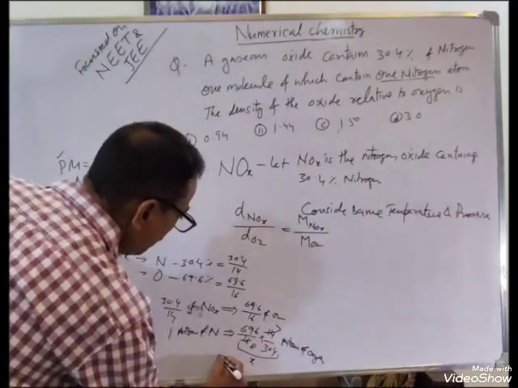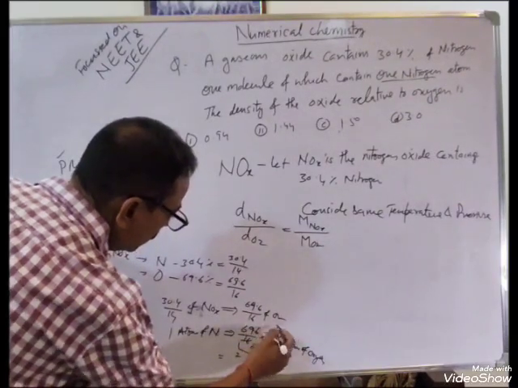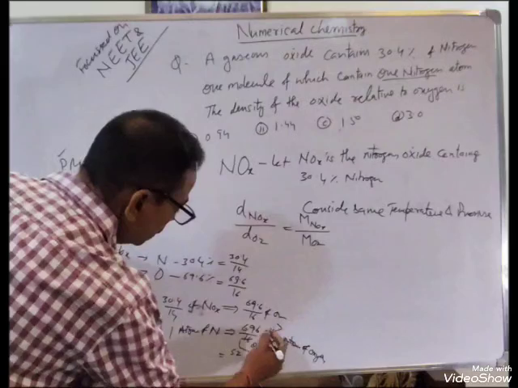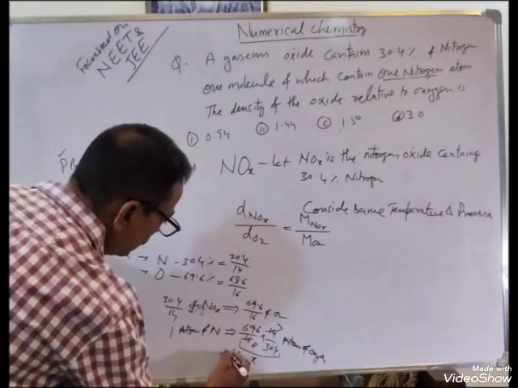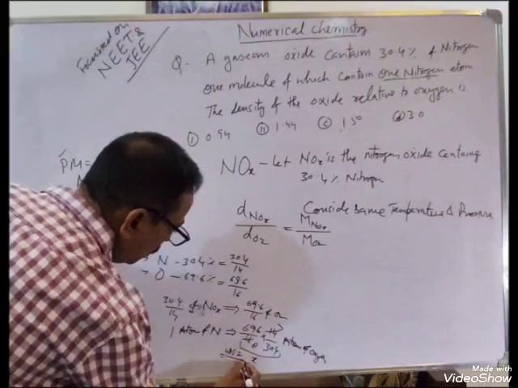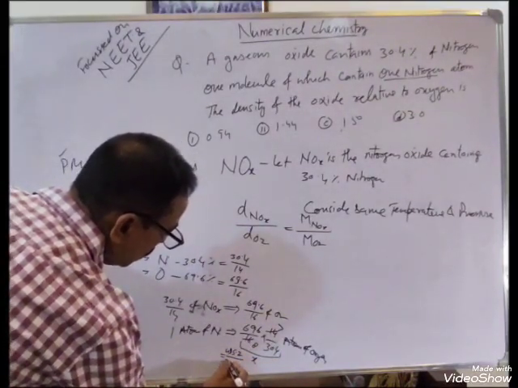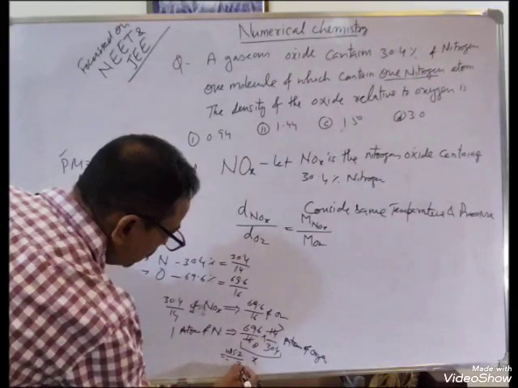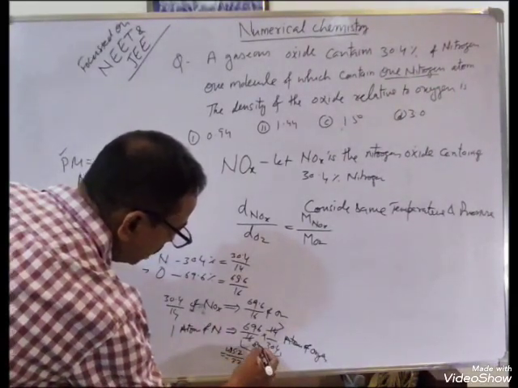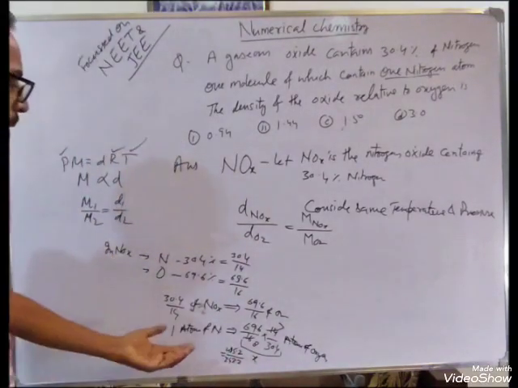So if we simplify it, 485 divided by 2 into divided by 243, like this.